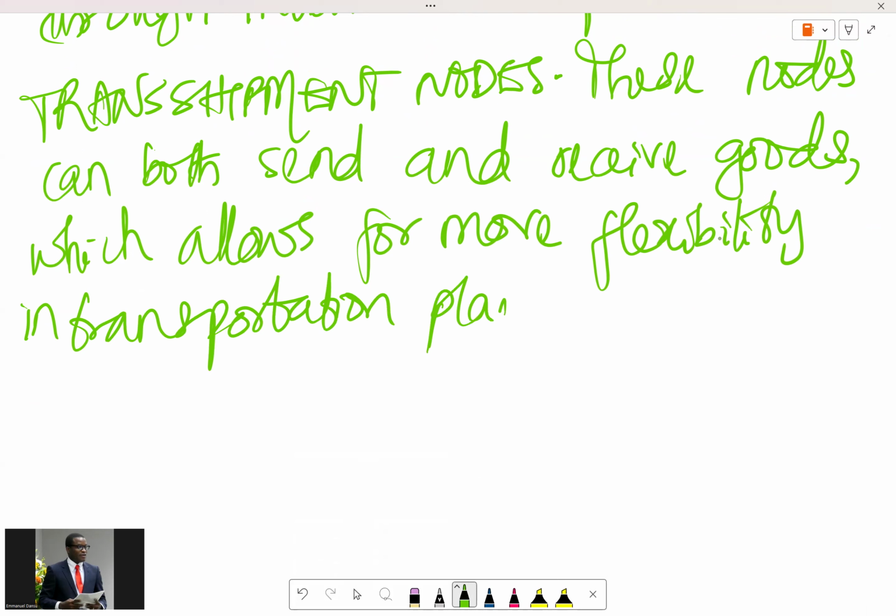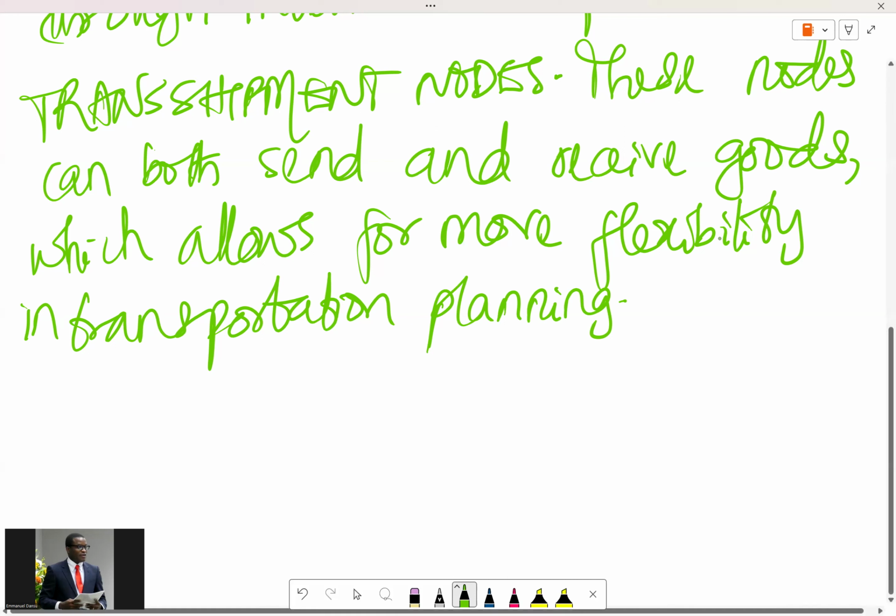This brings to my mind the idea of a courier. When you send a parcel, so to speak, from a particular country, there are many places to get to before it finally gets to the destination. So that's a very good idea of transshipment.